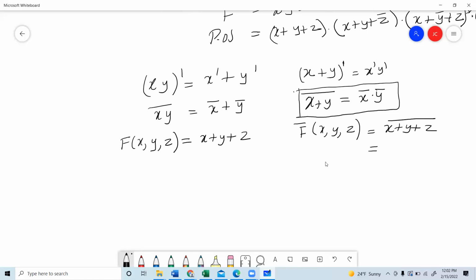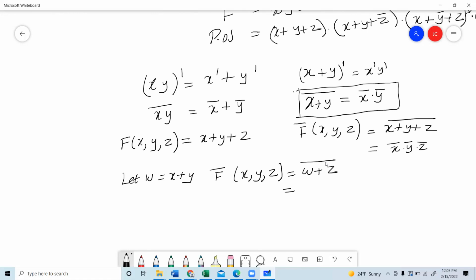Basically, when you apply De Morgan's law, this boils down to x bar y bar dot z bar, which I can prove. Let w equal x plus y. Then f complement of x, y, z simplifies to w plus z, whole bar, which by the OR form is w bar dot z bar.